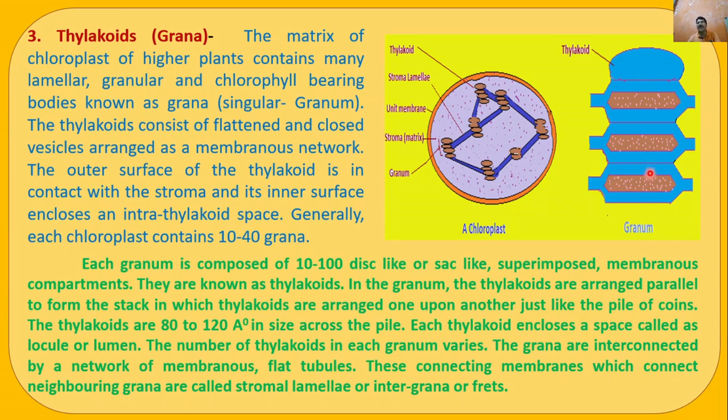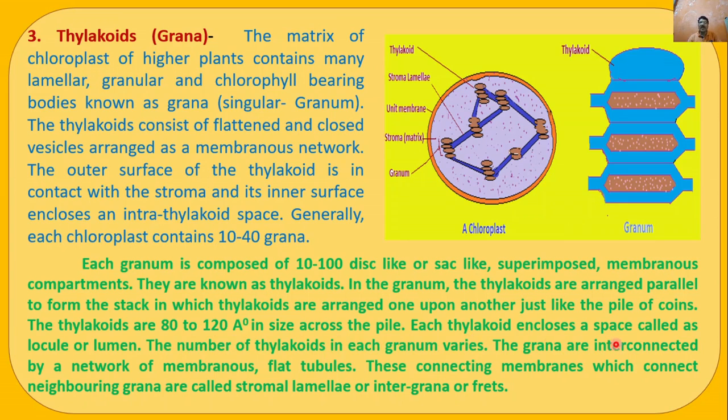So here you can see this is a thylakoid, then another thylakoid, then a third thylakoid, a fourth thylakoid. In this way, all these thylakoids are arranged one above another like piles of coins, and this will form a granum. Now the thylakoids are 80 to 120 angstrom in size across the pile.